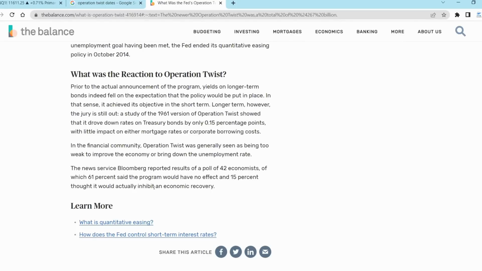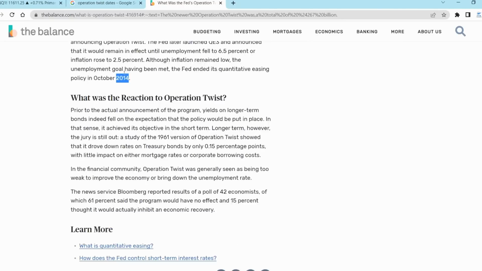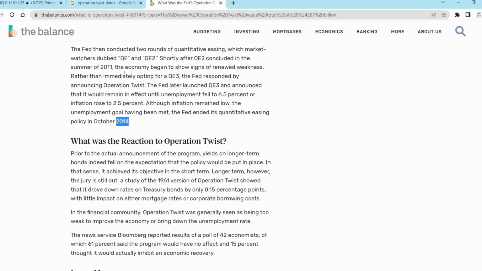Here, look, see? The Fed ended its quantitative easing policy in October 14. Yeah. Okay. So that's when the Fed wanted to unwind. And so that's when the market got hit, right? Liquidity came down.